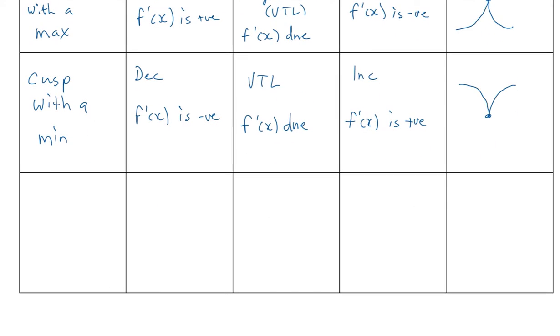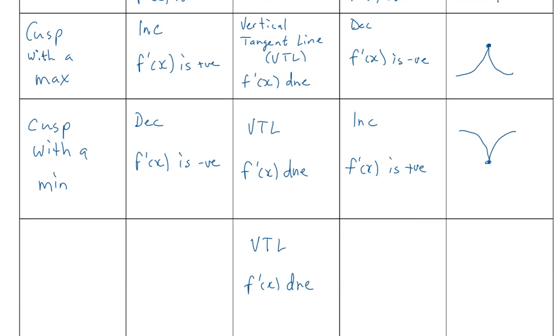There's one more, and it is a vertical tangent line where the derivative does not exist. And just like we did before, what is the final case? So you can think about this on your own for a few minutes if you like. What is the final case different from the ones we've already done?